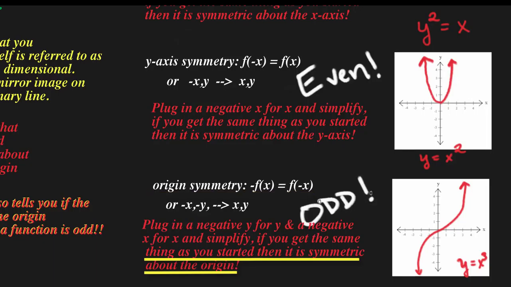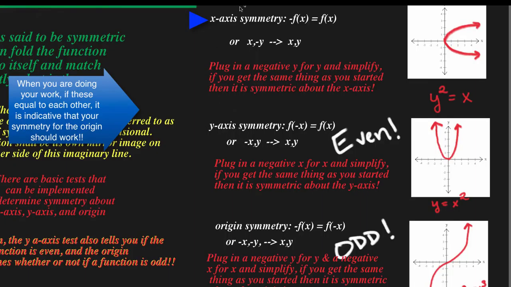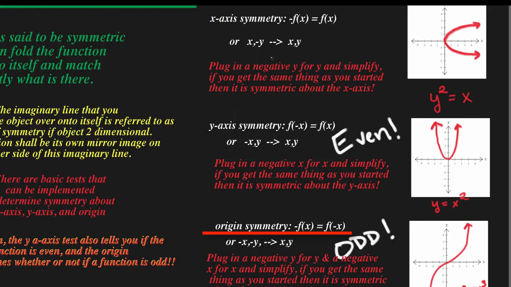Same test. All right? A quick clue is that if it's not symmetric about the x-axis, not symmetric about the y-axis, but the answers to both of these equal each other, that means that it will be symmetric about the origin. You still have to show the work, but that's a good way to be aware of what's going on.